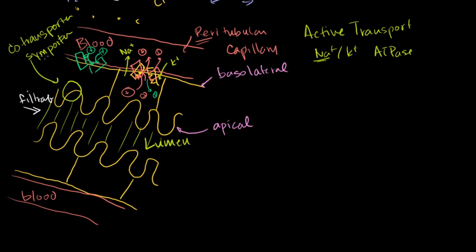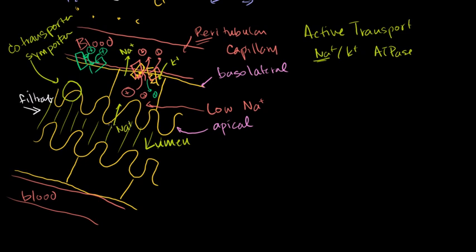If we're actively pumping out sodium over here on the basolateral side, then we're going to have a low sodium concentration here. The more we pump out, the lower this is. And eventually it's going to be lower than the sodium concentration in the lumen. So if there was no membrane here, sodium would want to go across this to make up for all of the lost sodium over here.